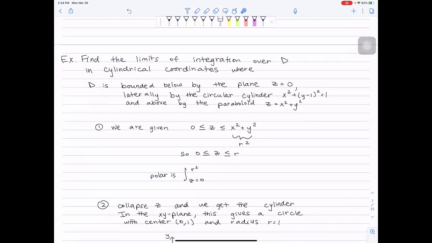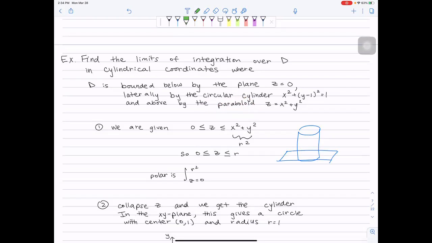First, you don't necessarily need to draw the picture, but in case, I will draw it for you guys to see. We have some cylinder, and it's bounded laterally by the cylinder and bounded below by a plane. So we know this is some flat surface, and then above by some paraboloid.